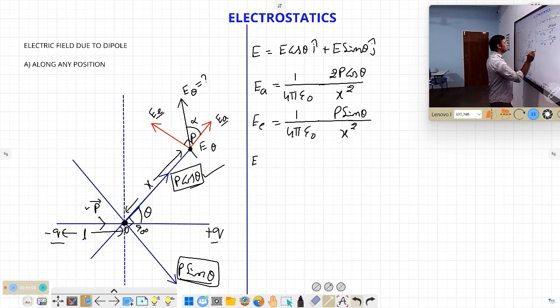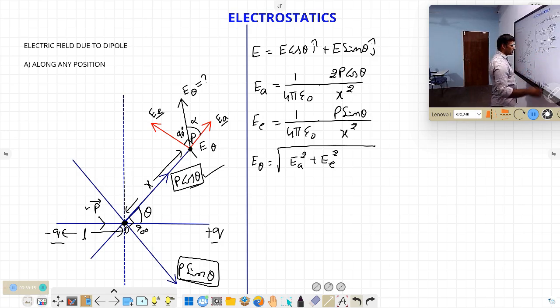So E theta is equal to the square root of, because you have to apply the parallelogram law of vector addition, 90 degrees is the angular separation between these two, so simply E_A square plus E_E square. Everything else is 0 because cos 90 is 0. Now substitute the values from above. Under the root, what is E_A?